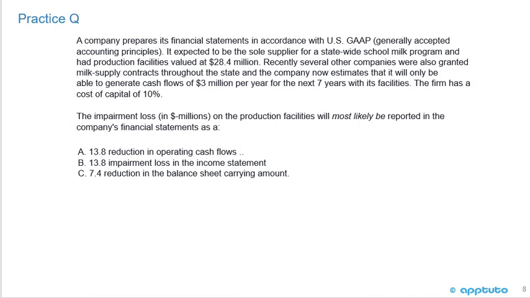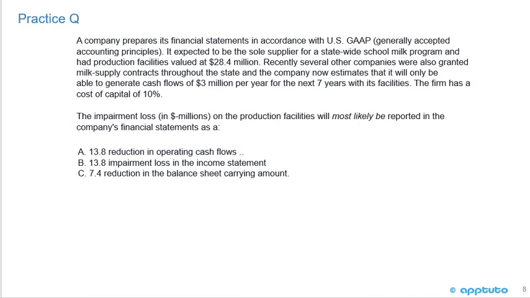Recently, several other companies were also granted milk supply contracts throughout the state, and the company now estimates that it will only be able to generate cash flows of $3 million per year for the next 7 years with its facilities. The firm has a cost of capital of 10%.